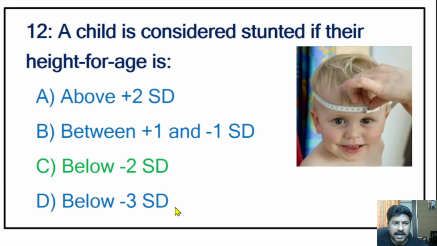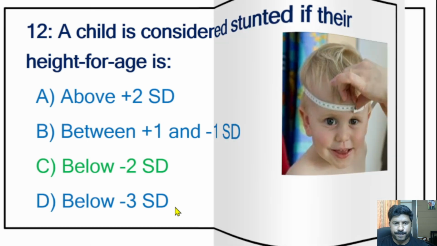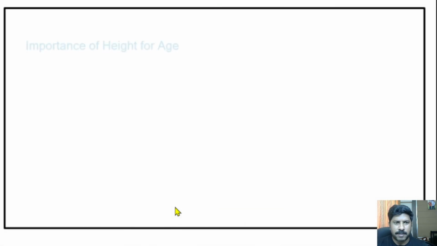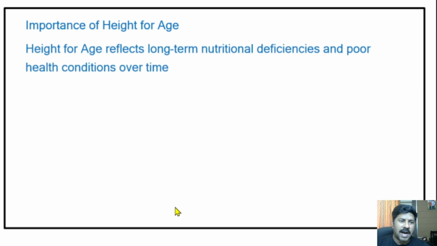That is, while assessing height for age, if the report comes below -2, that is considered stunted. So I will briefly explain about the measurement. Importance of height for age measurement: height for age reflects long-term nutritional deficiency and poor health conditions over a longer period.